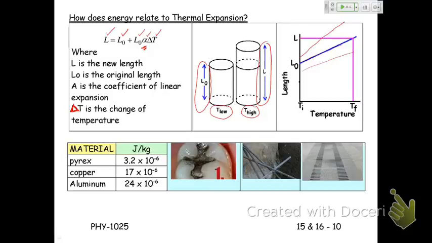Not all materials expand when they get hotter. There are some weird materials that don't expand, and one of the classics is water. Here's an interesting thing.